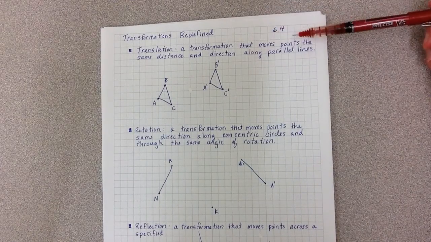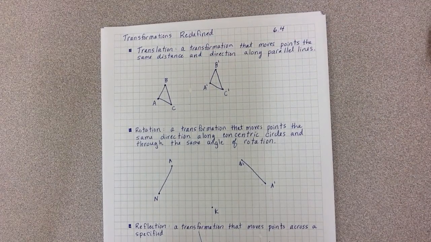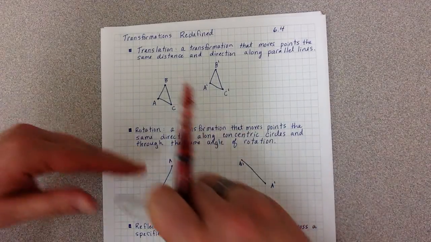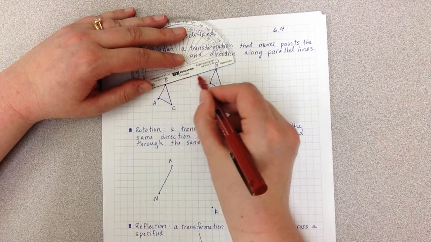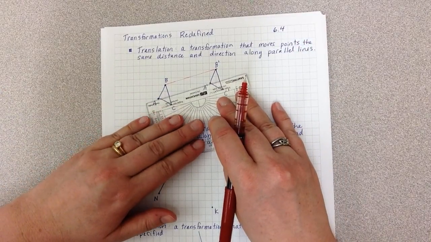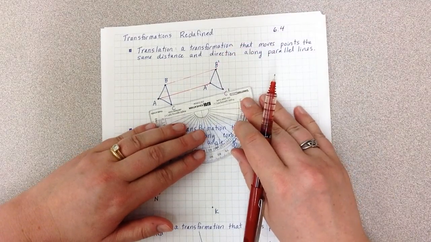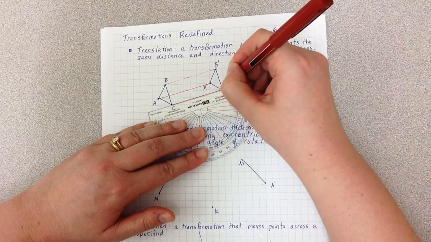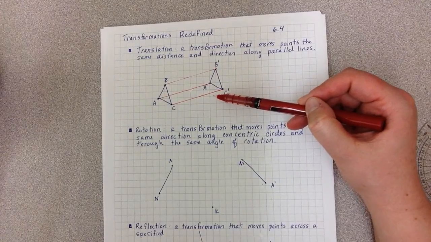Translation is a transformation that moves points the same distance and direction along parallel lines. So what that means is if I took a straight edge and I connected B to B prime and A to A prime and C to C prime, I could say two things about all of these lines.